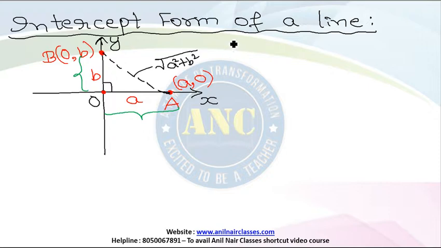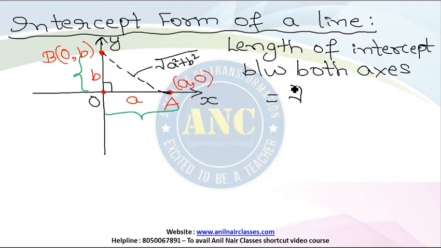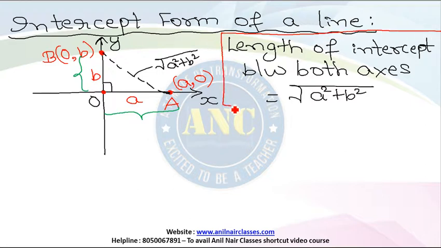That means, can I say in simple language, the length of intercept between both axes is given by the notation square root of a square plus b square, because that will also act as the hypotenuse for the right angled triangle OAB, and therefore hypotenuse is nothing but square root of opposite square plus adjacent square.